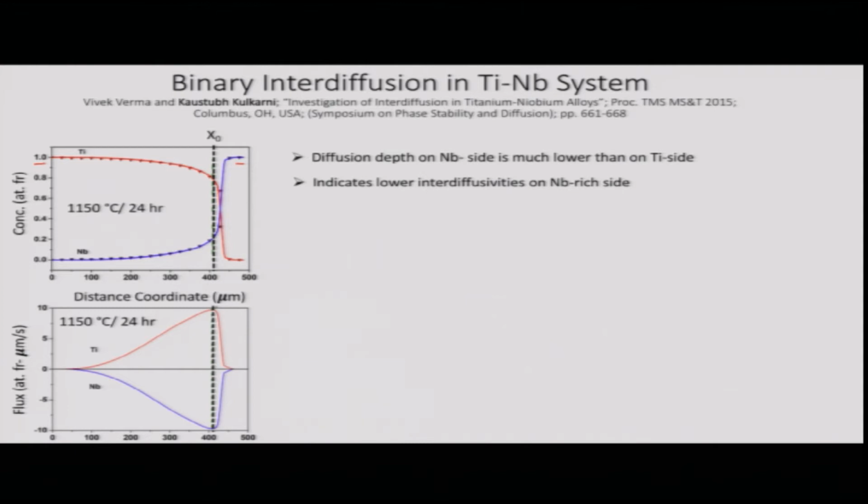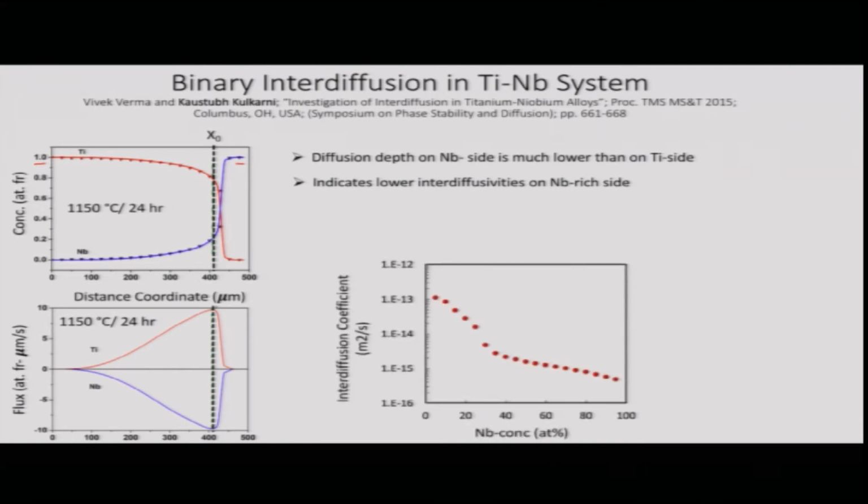So, at 1150 degree centigrade, the interdiffusion coefficients that we estimated can be plotted against the niobium concentration as shown here. We can see there is a big difference in the interdiffusivities on the titanium rich side compared to those on the niobium rich side.